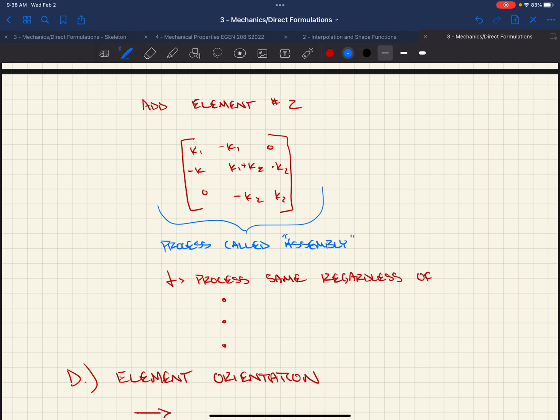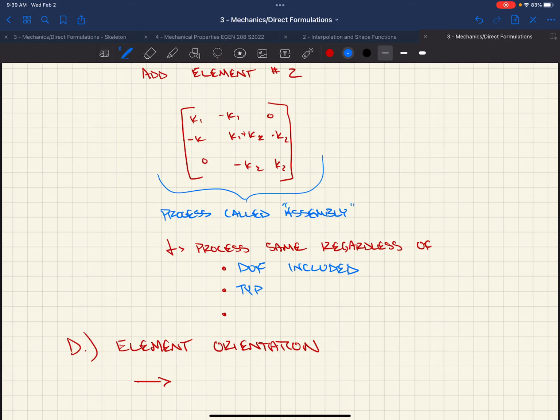And this process is the exact same. As I said, we start out with an appropriately sized, structure-sized stiffness matrix, which is your degrees of freedom by degrees of freedom. So this is the exact same regardless of the number of degrees of freedom included. If we had 2 degrees of freedom at each end of the bar, then this would be a 6 by 6 matrix.